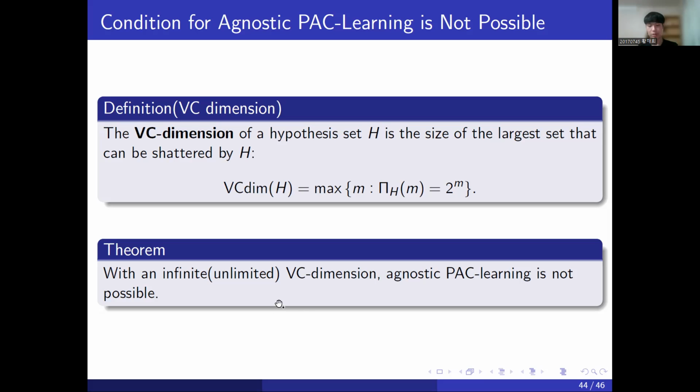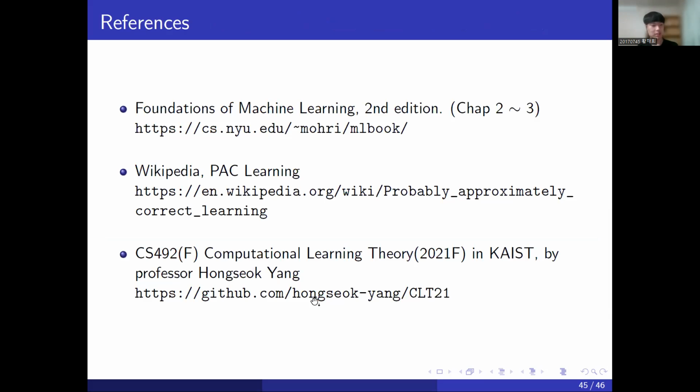The proof was quite complicated, so I introduced the main ideas of the theorem. And this is the end of my presentation, and I referred to the textbook, Foundations of Machine Learning, second edition, a lot, especially chapter 2 and the first part of chapter 3.